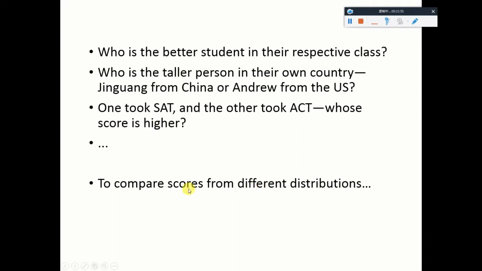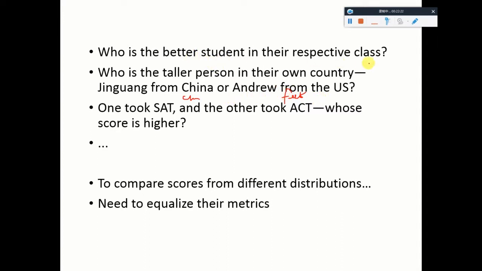So whenever we're comparing scores from different distributions, we need to equalize their metric. These scores are taken using different metrics. For example, in China we're using centimeters, whereas in the US we're using feet or inches to measure height.